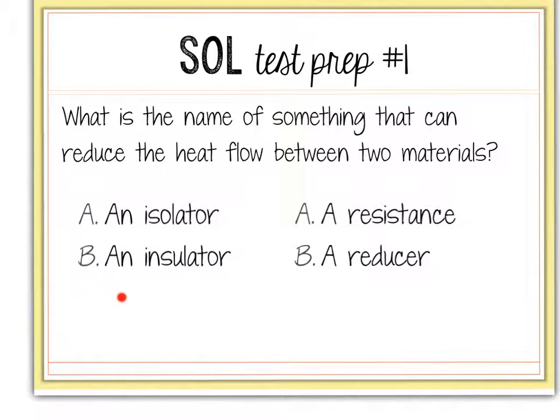Is it A, an isolator, B, an insulator? Oh no, that's supposed to say C. Or is it D? Is it C or is it D? We're just going to pretend that that mistake is not there.